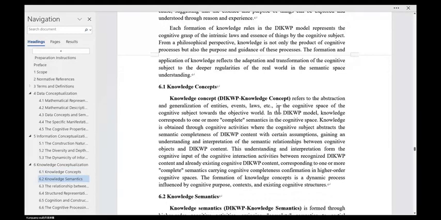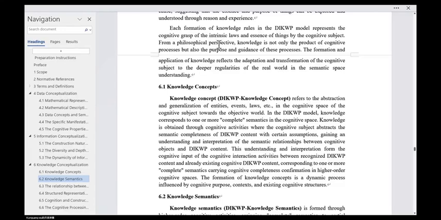Stop. I think the English should be improved. For example, here in the third line of this screen: "Each formation of knowledge rules represents".